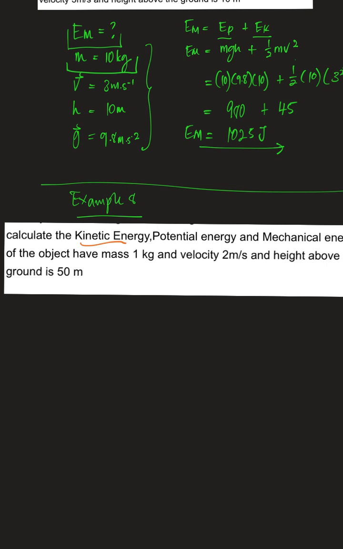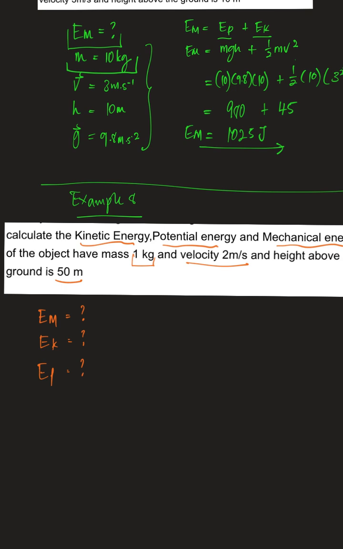So we want kinetic, we want potential, we want mechanical, of the object that has a mass of 1 kilogram, a velocity of 2 meters per second, and height above the ground is 50 meters.